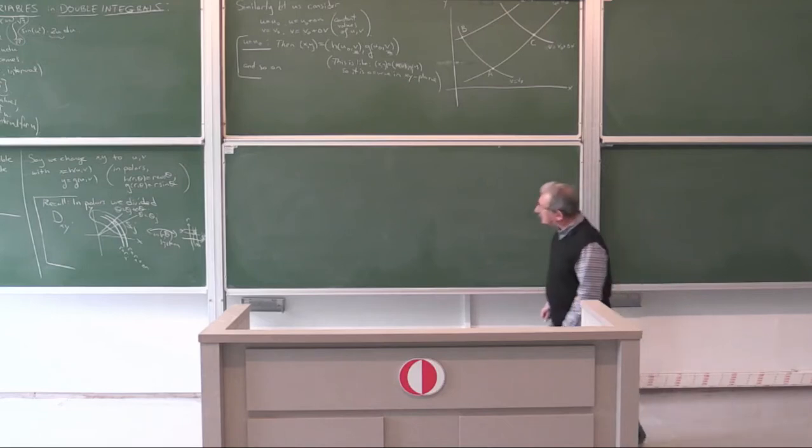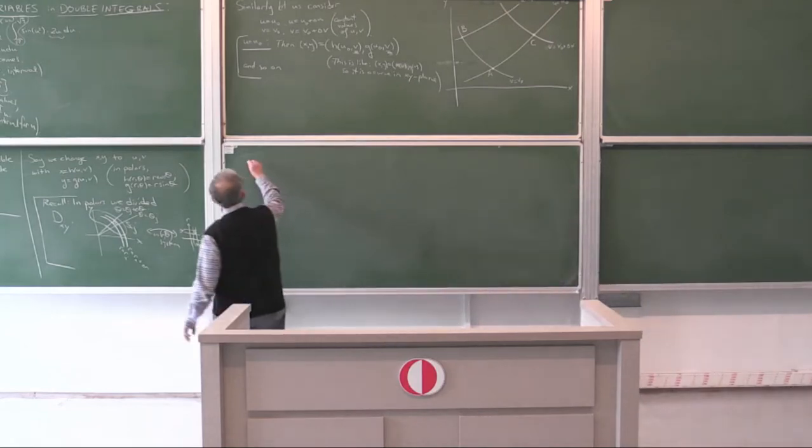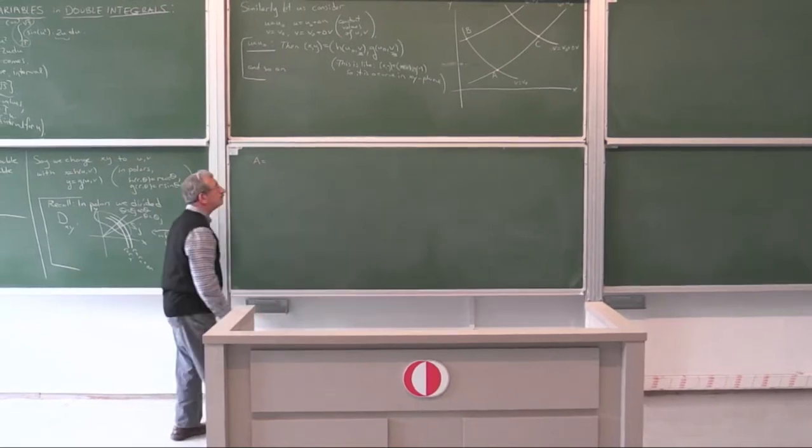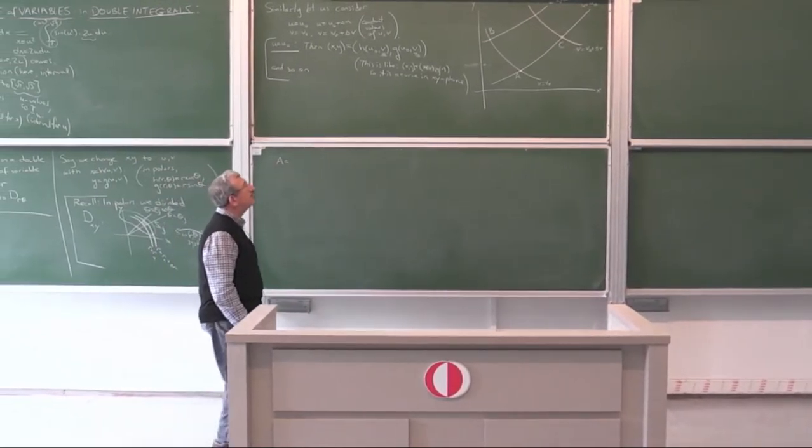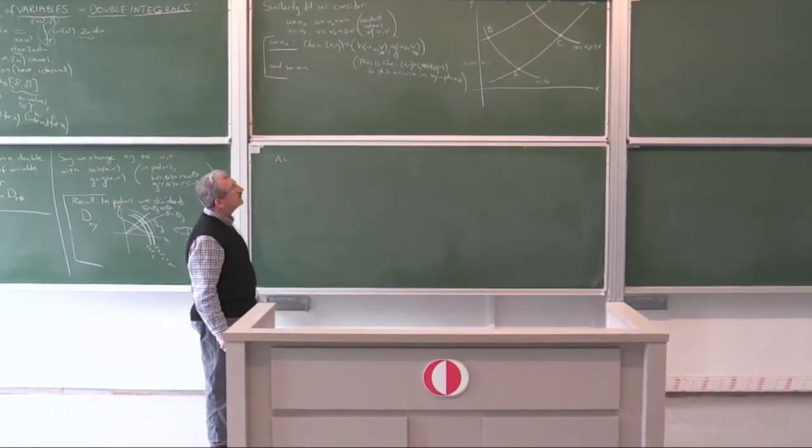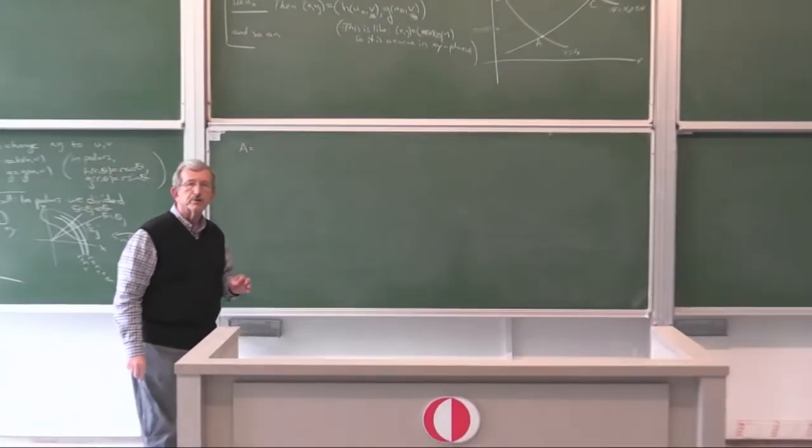So let us write down what the point A is. A is the intersection of V is V0 and U is U0.